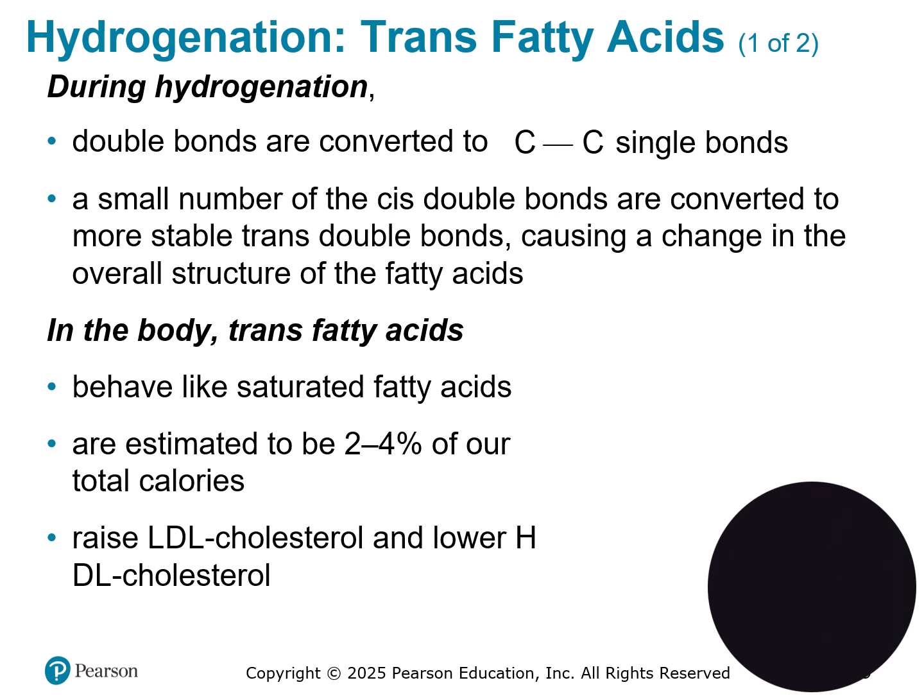During hydrogenation, double bonds are converted to single bonds. This is kind of review stuff. Some of them are going to be cis, but some of them may convert to the trans double bond, which is actually more stable. Remember, we talked about how a trans bond, with the groups further away from each other on opposite sides, has less energy than a cis bond, which is going to be a little bit higher energy.